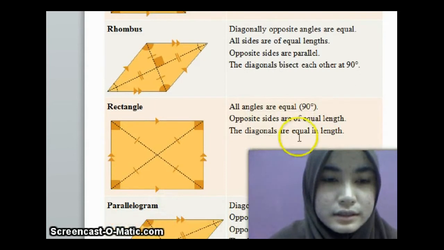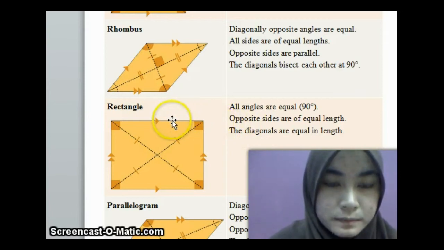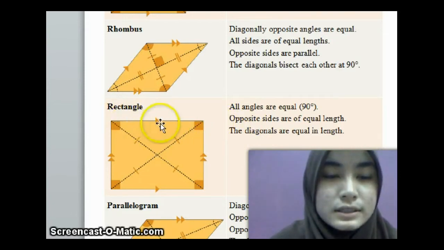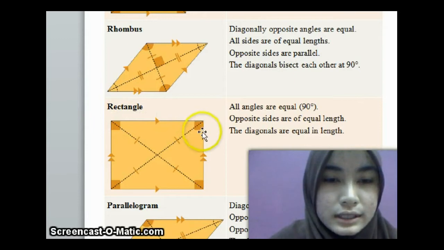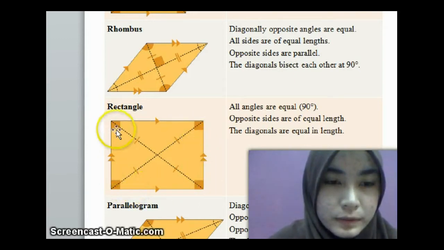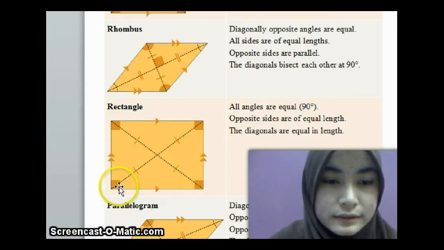Rectangle is slightly the same as the square, but it has one pair of sides that are longer than the other pair of sides. All angles are equal to 90 degrees. Opposite sides are of equal length. The diagonals are equal in length.